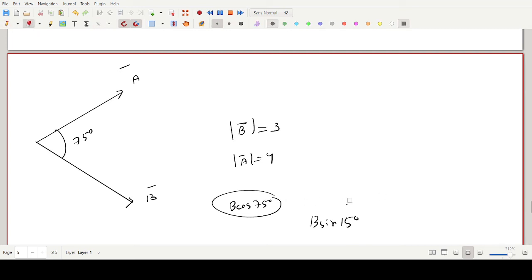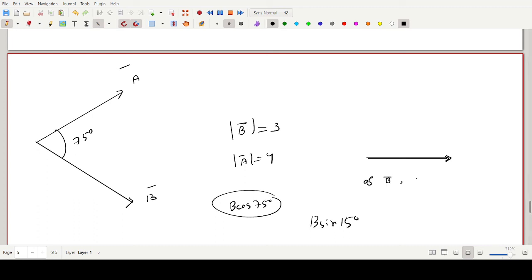So now I will follow my rules and check which answer is correct. The rule is that we will first assume that both the vectors are in the same direction. Now look, we have to calculate the component of one vector along another vector. So there are two things, of and along.